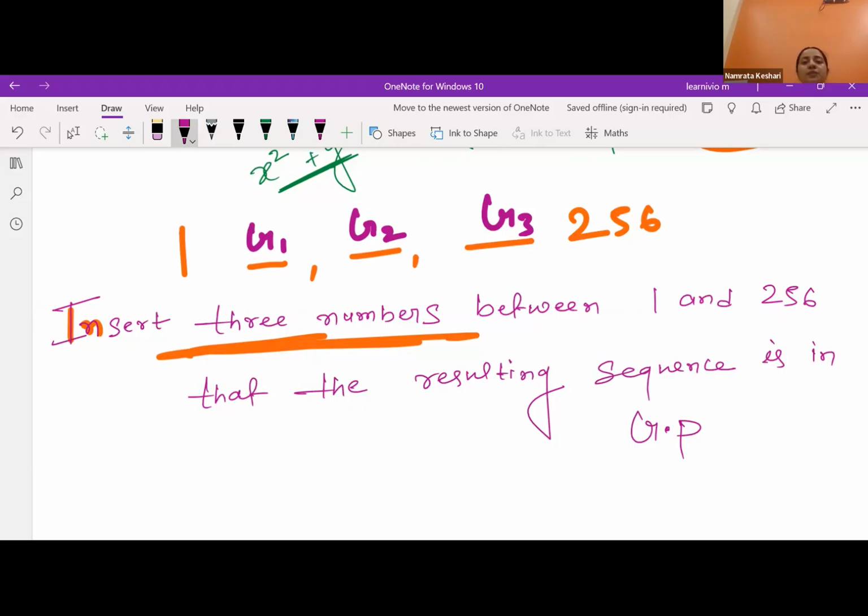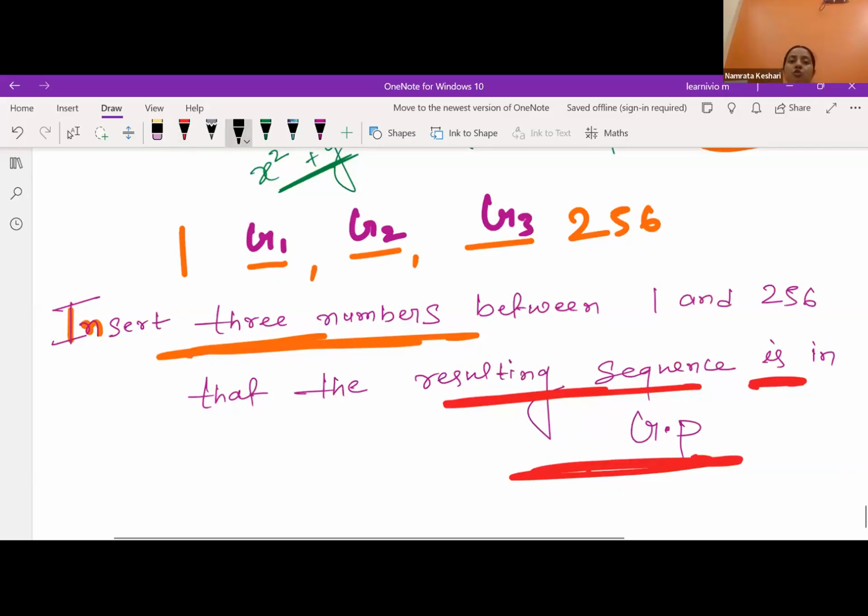We have inserted them; this is our assumption. Now can you see we have a GP over here? Who said it is GP? Because it is written in the question that all are maintaining a GP. The resulting sequence is a GP. So 1, g1, g2, g3, 256 is a geometric progression.